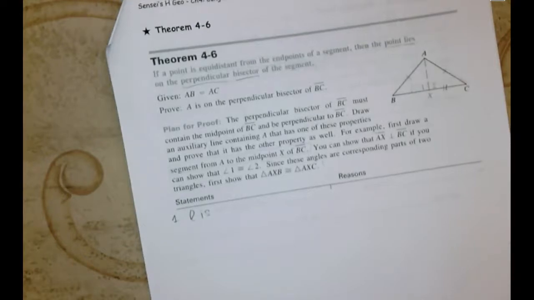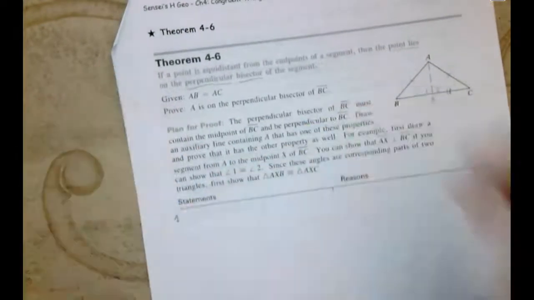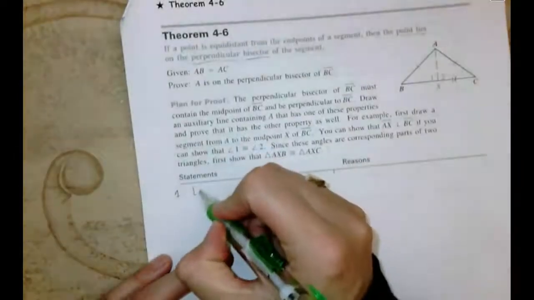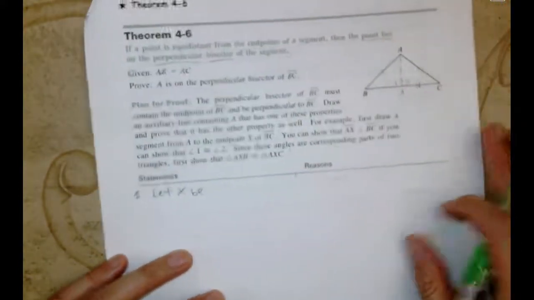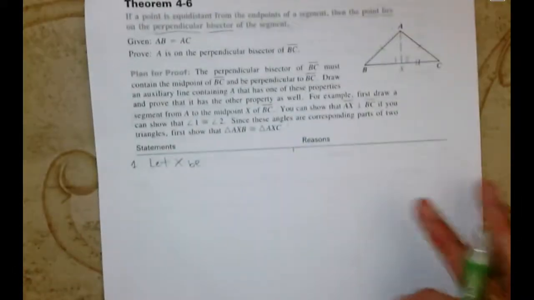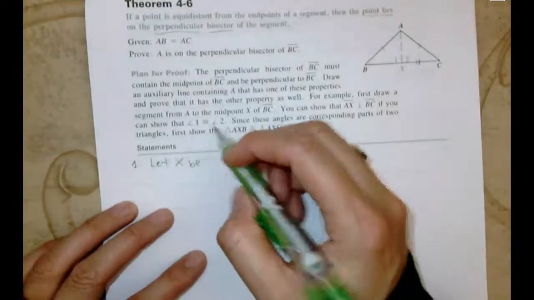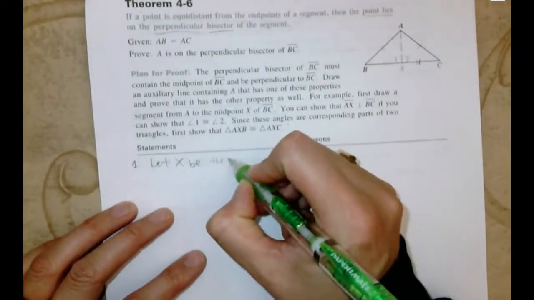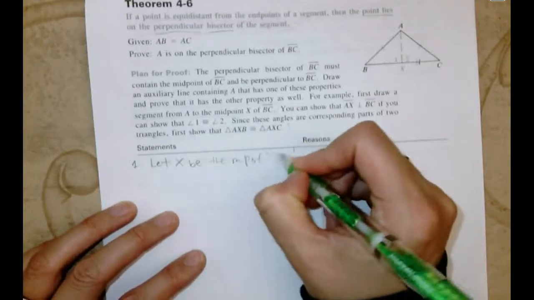All right, so I would say let X be, now don't worry about having to do a proof like this on the test. This is just to show you what the proof for this theorem looks like. Okay, let X be the midpoint of BC.